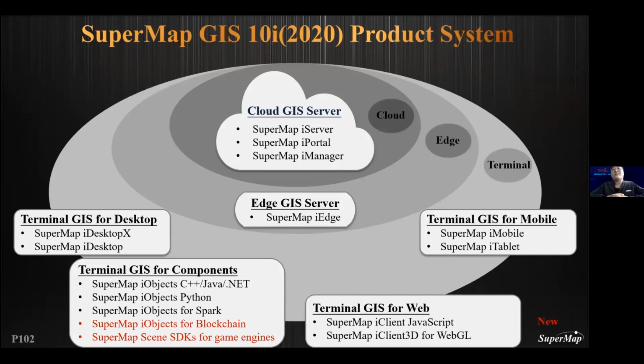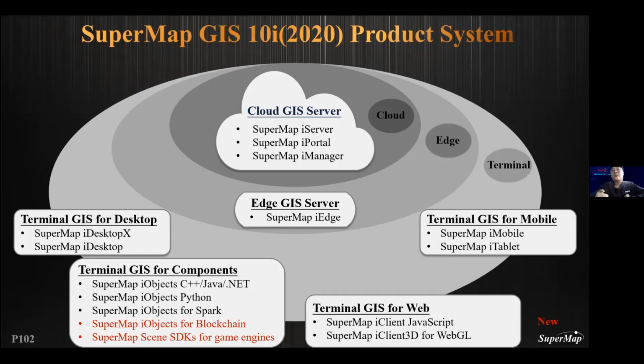It can be divided into three parts: the cloud side, the edge side, and the terminal side. On the cloud side, we have SuperMap iServer as the server application to publish our spatial data and GIS capability. SuperMap iPortal can easily help us build our GIS portal. And SuperMap iManager is mainly focused on operation and maintenance.